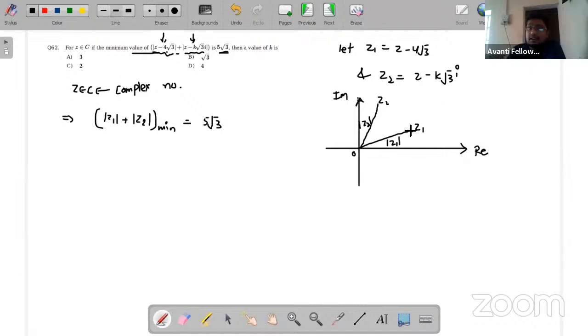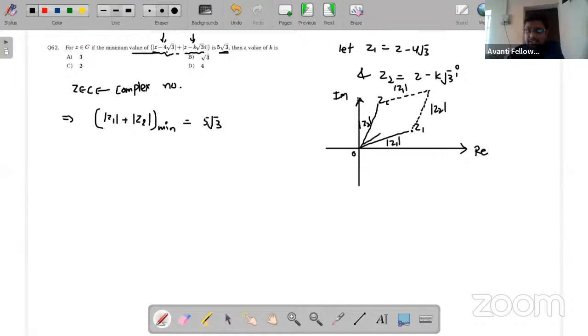Okay, and to form modulus of Z1 plus Z2, we need to use the parallelogram law of addition. So we'll draw a parallelogram. I'll draw another line segment which is equal to modulus of Z2, and from Z2 I'll draw another parallel line segment whose length is mod Z1.